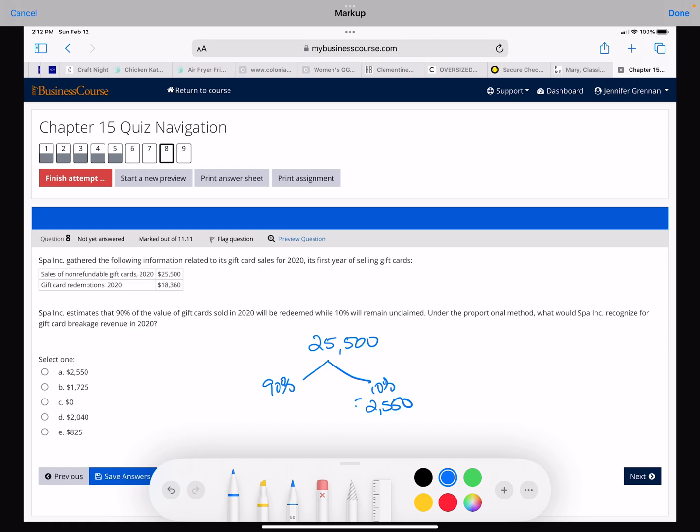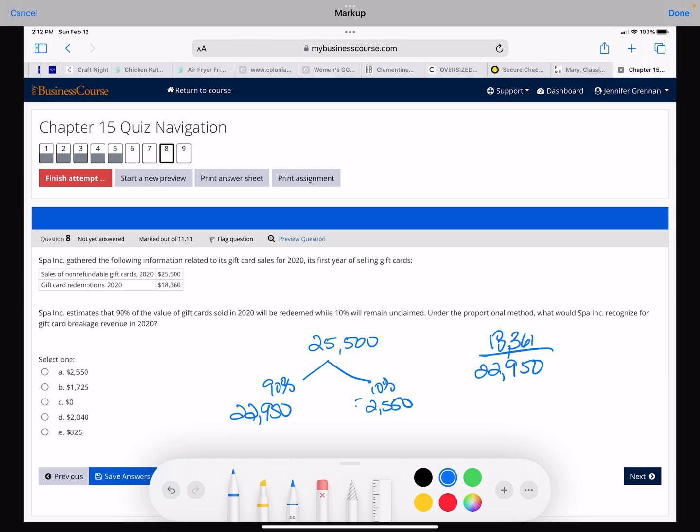Well, the answer is we can't. We've got to look at the proportionate share to the amount that I thought will get redeemed, which is the 22,950. That's 90% of the 25,500, right? So I think 22,950 will get redeemed.